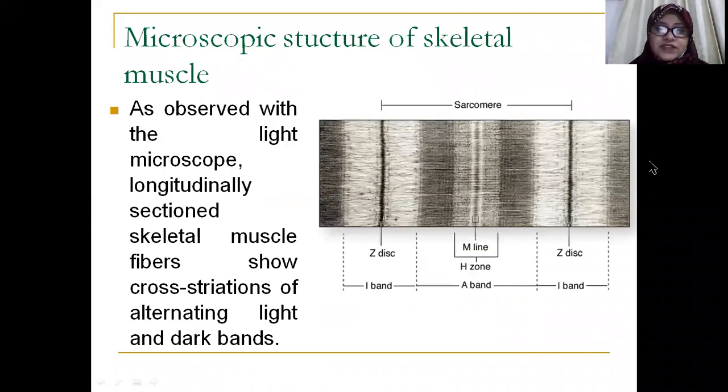Now, the microscopic structure of skeletal muscle. Under the light microscope, longitudinally sectioned skeletal muscle fibers show cross striations of alternating light and dark bands.